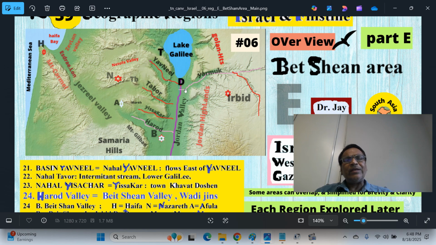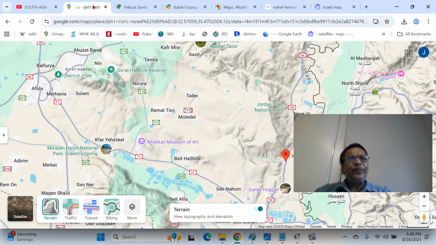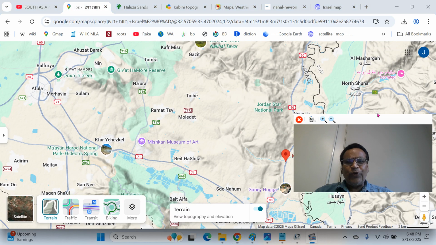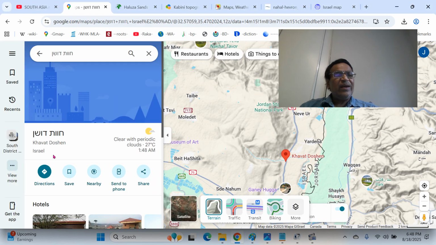You can see the Yarmouk River and Golan Heights, and the Yarmouk and Zarqa River will be somewhere here, Irbid and Amman somewhere there. Then we'll go and look at the different regions. First of all, here I am showing the Issachar River, so that the town Kevat Doshen is next to it.